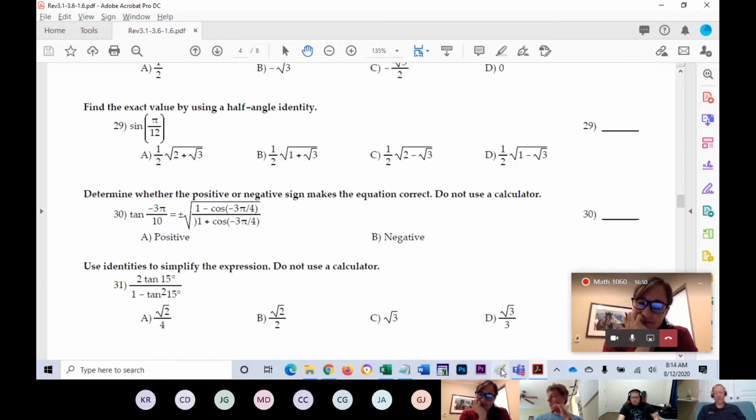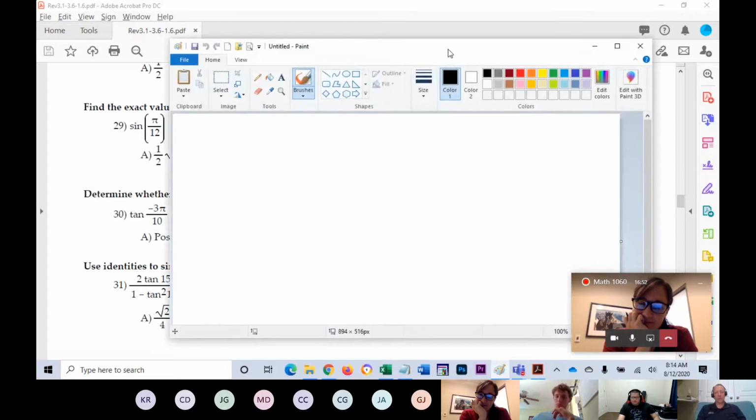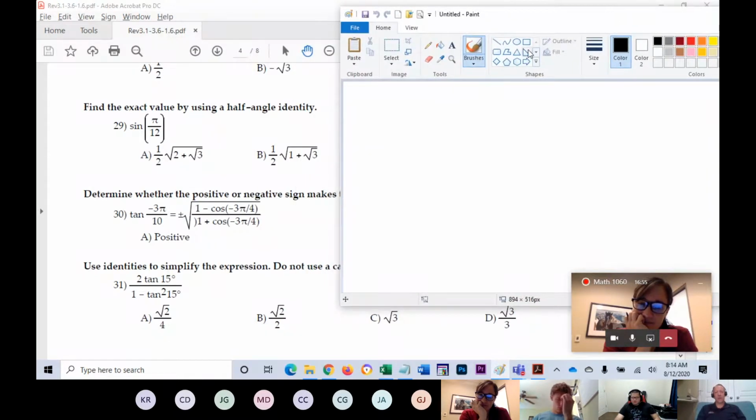Well, let's draw it. Okay. So the tangent of negative 3 pi tenths is definitely going to be in quadrant 4, right? Now, let's think about this. I think you're right. It should be 3 pi fifths, not 3 pi fourths.